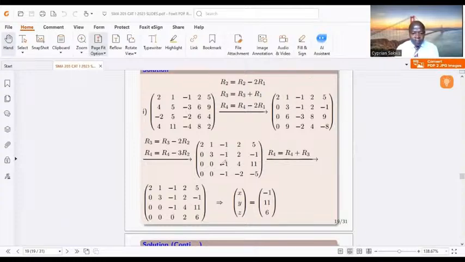Now, I have this one, and it's in my question, so I maintain it. I want to use it to create a 0. That means I just have to subtract row 3 from row 4.